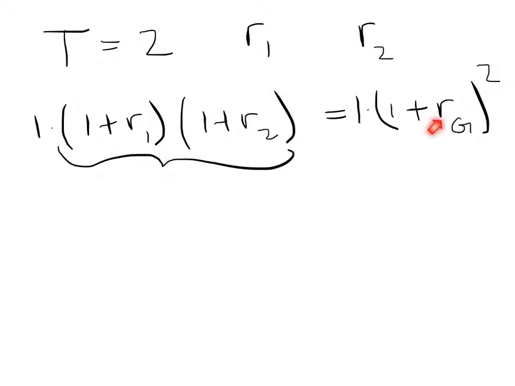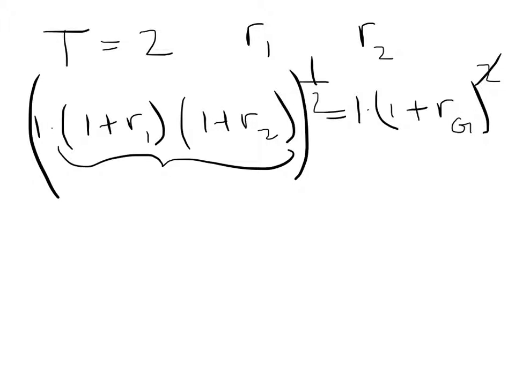To solve for that interest rate that would yield the same final invested amount by compounding R1 and R2, what I have to do is actually take the square root of the left-hand side, or in the notation of the previous slide, I can eliminate this and do 1 over 2.